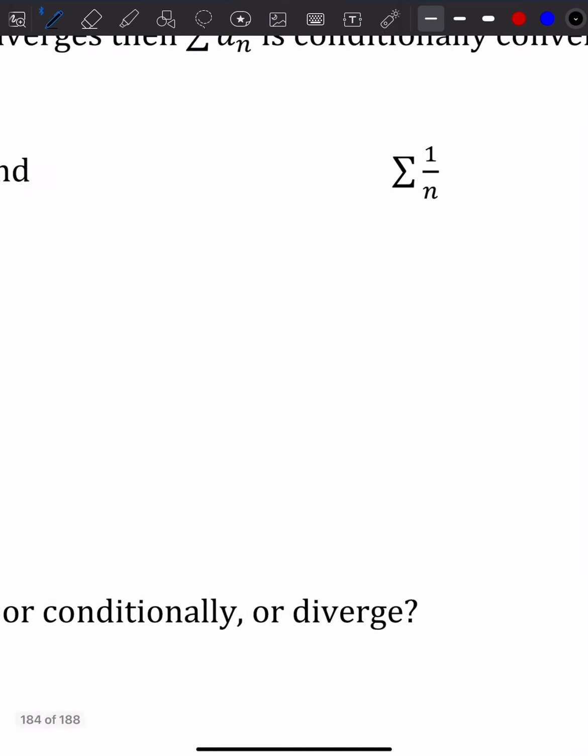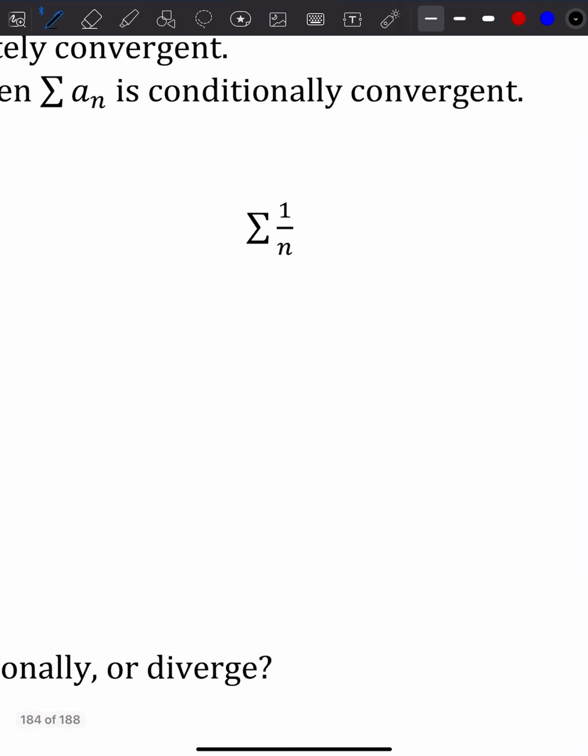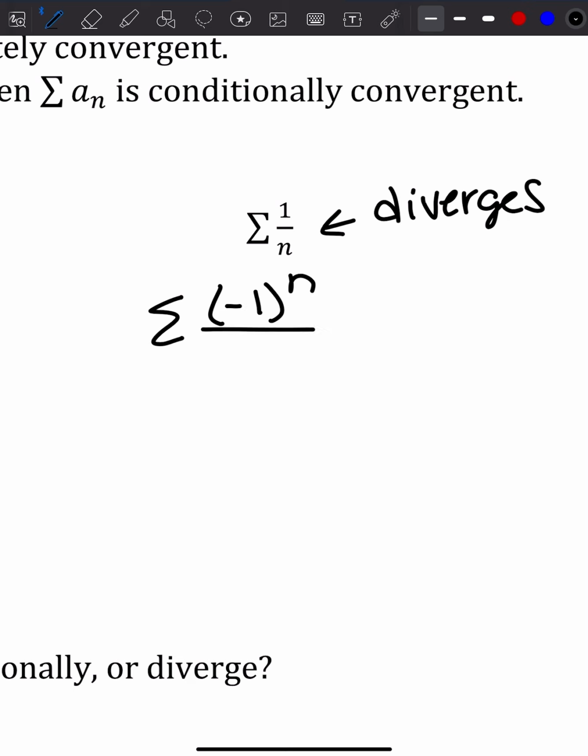being just positive values or negative values. On the other hand here, if we look at the harmonic series, we know the harmonic series diverges. Its counterpart, the alternating harmonic series, we looked at earlier, and by the alternating series test, we found out that this converges.